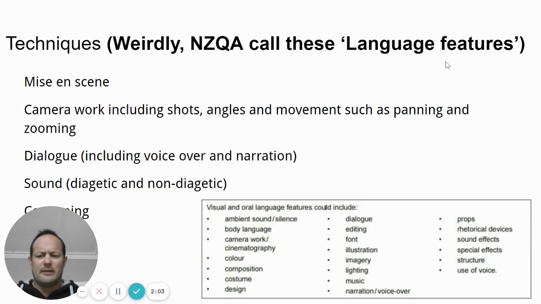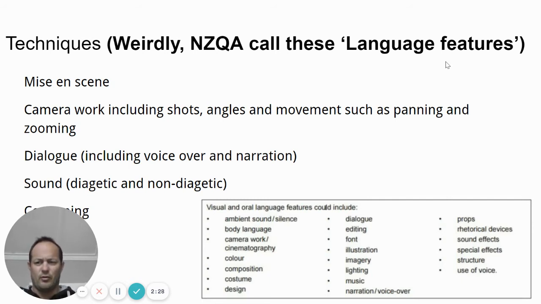Now, you're asked about language features, and NZQA in every exam sort of tries, I don't know whether it's deliberate, but they confuse everybody by talking about using language features. Now, in this bottom right-hand corner here, this is the box that they used to include with the exams. They don't anymore, but this is what they're talking about when they're talking about language features.